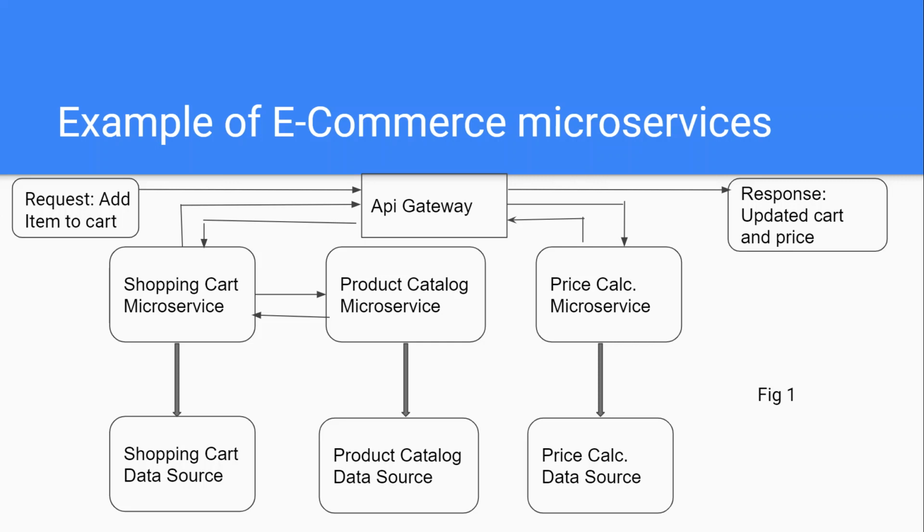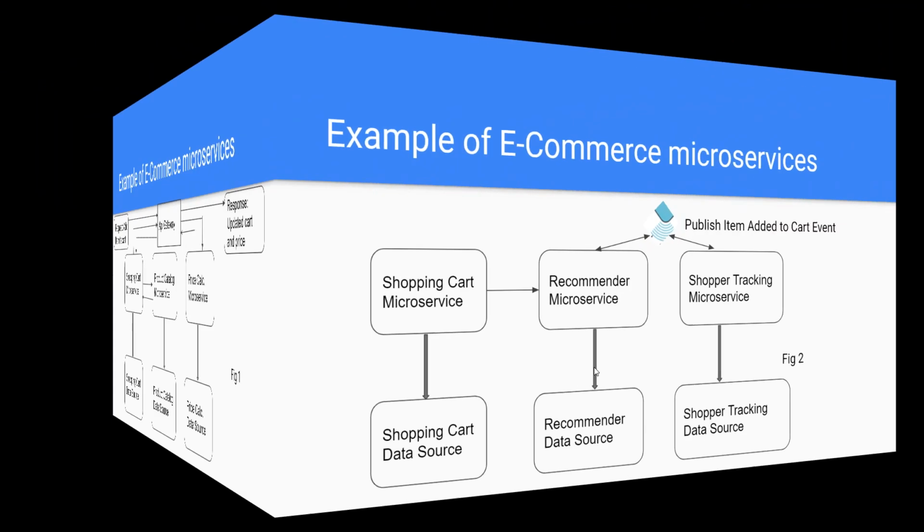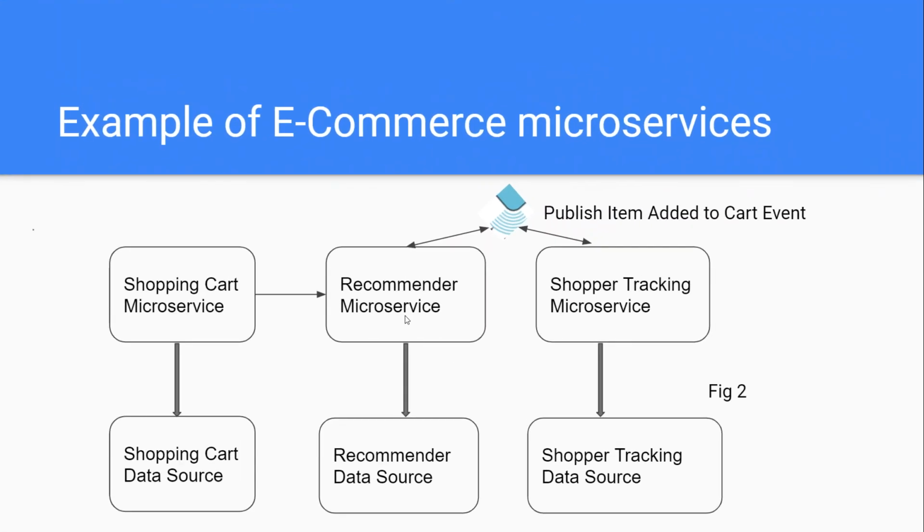So let's now see the next slide, which also shows the recommender service and the shopper tracking microservices. The recommendation engine in the recommender microservice updates its internal model to reflect the fact that the user has shown a high degree of interest in that product.